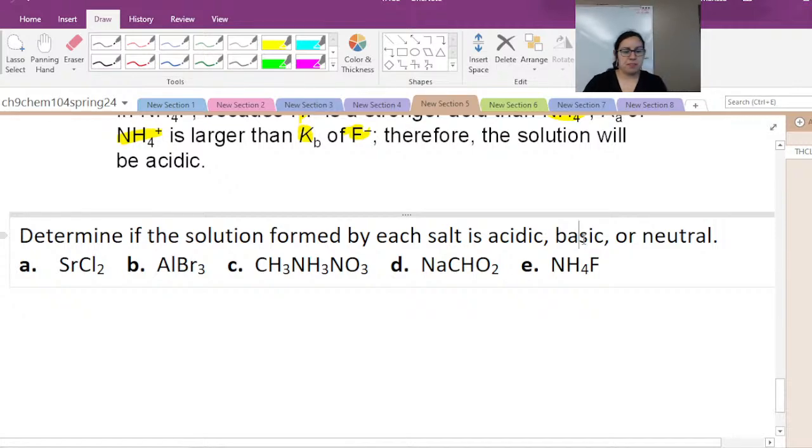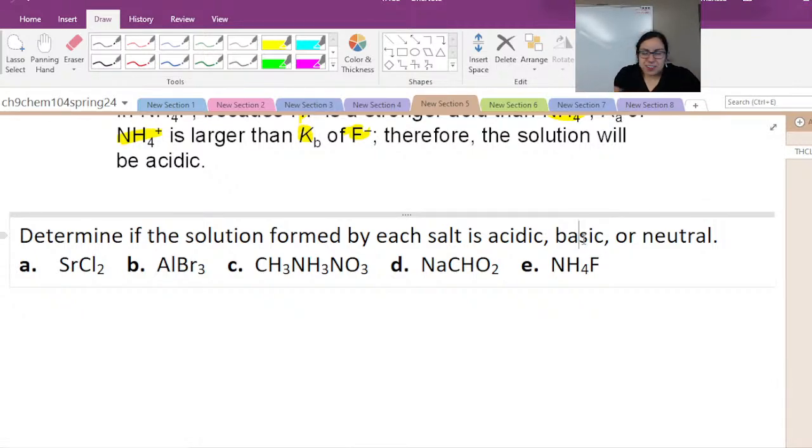Come on, there we go. Well, it is plugged in.